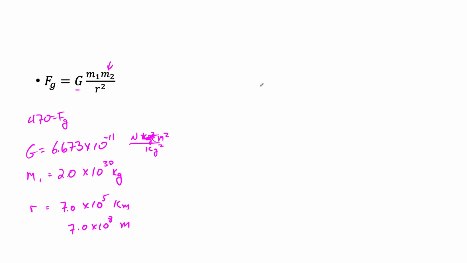So let's go ahead and rearrange the equation. I like doing this algebraically first, using the variables before putting the numbers in, because I like to save space. If you want to put the numbers in first and then isolate the unknown, that's fine. So let's multiply everything by r squared. We have r squared times F equals G times m1 times m2.